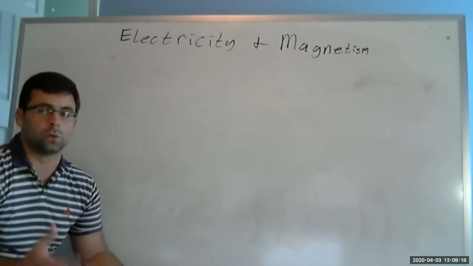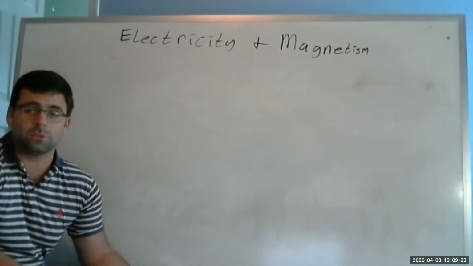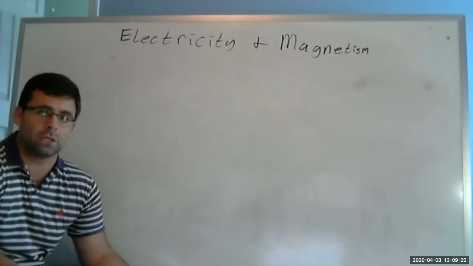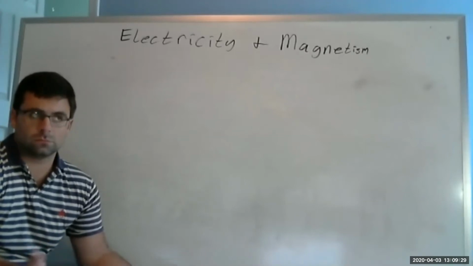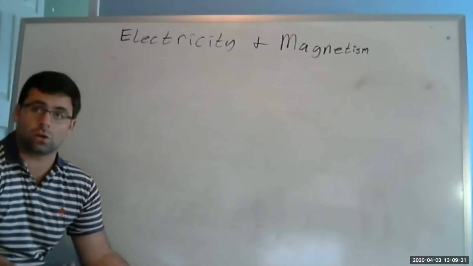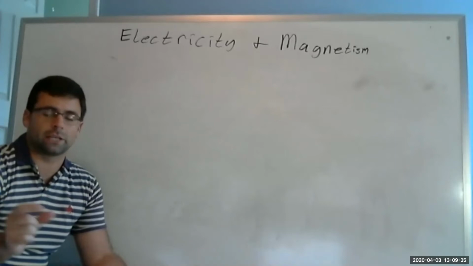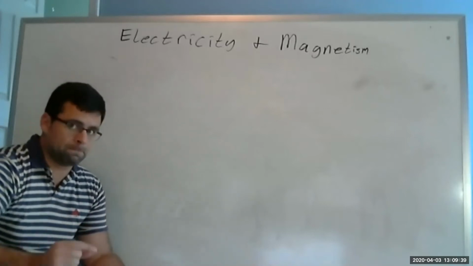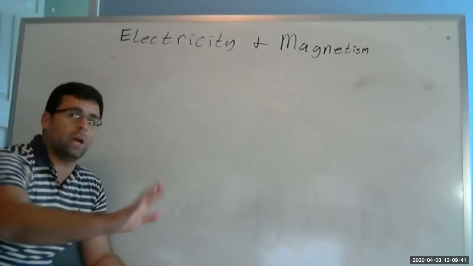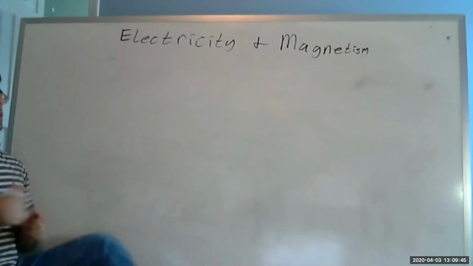Except you have to move something that has electricity on it, mainly a charge. If you take a little positive charge or a negative charge, it doesn't matter which, and you start to move it back and forth really fast, you create a wave that propagates out from that.